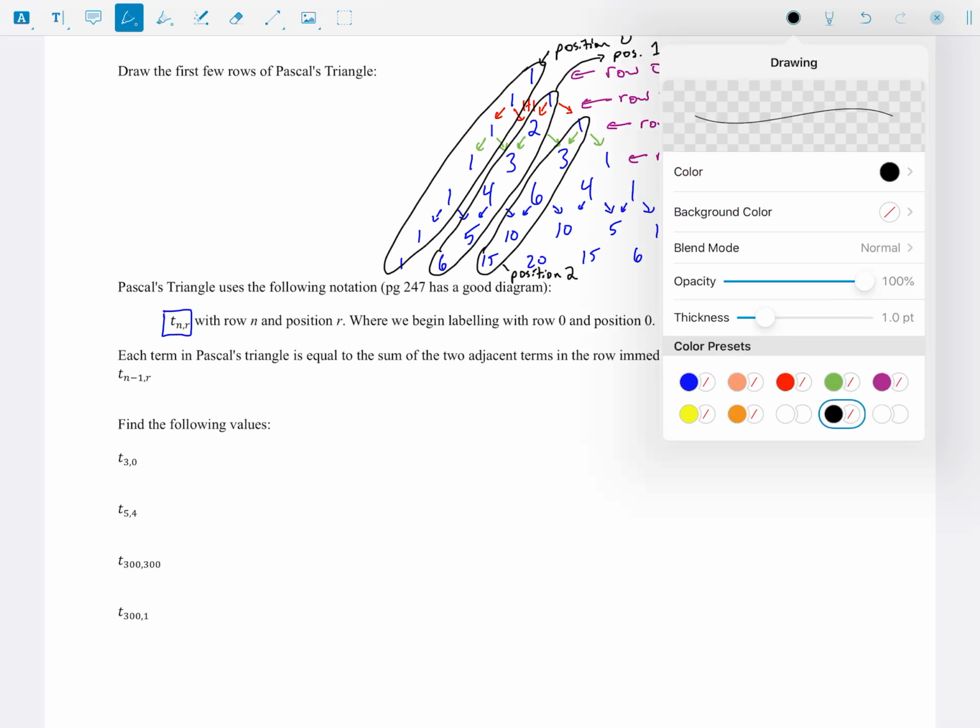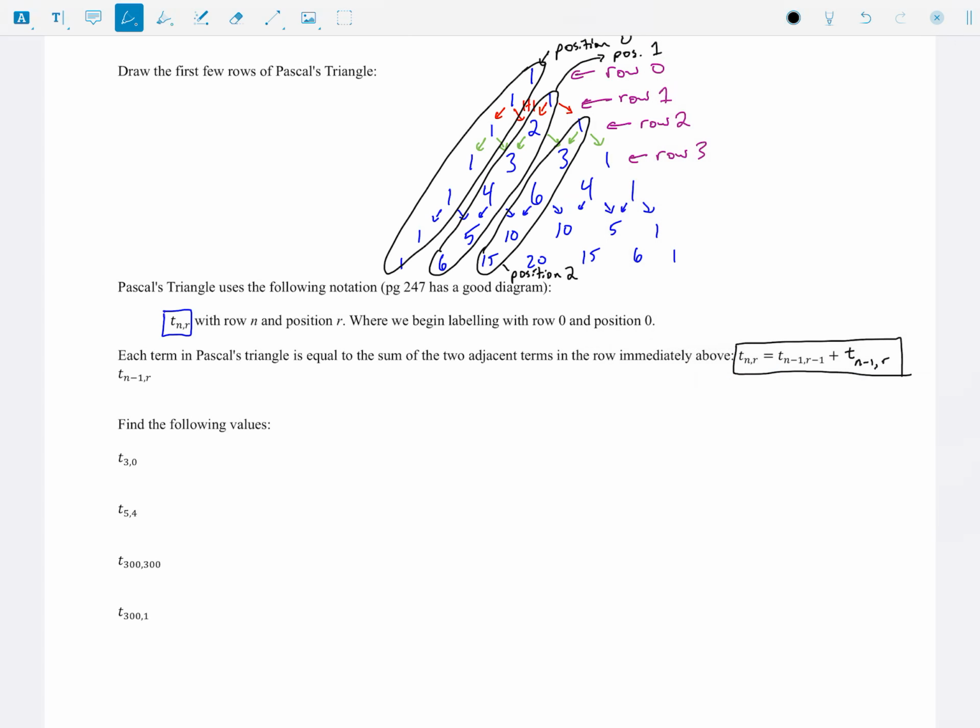So for example, let me grab my highlighter, this one right here. So this is row, what is this? This is row 3, 4, 5, 6. So this is row 6. In position, let's see, this is 0, 1, 2, 3, 4.